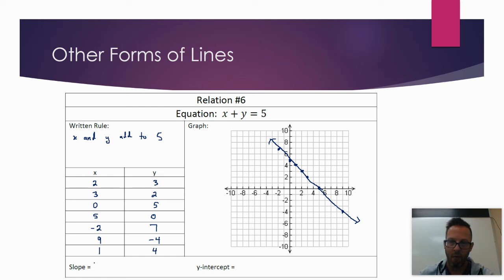So we're going down 1 for the rise and right 1 in the positive direction. So that's a slope of -1. And the y-intercept we can see is 5. So the idea with this final little mini investigation is that a linear relation doesn't have to be in y equals mx plus b form. It could be in this form or other forms as well. So we're going to do a few things with that right now.